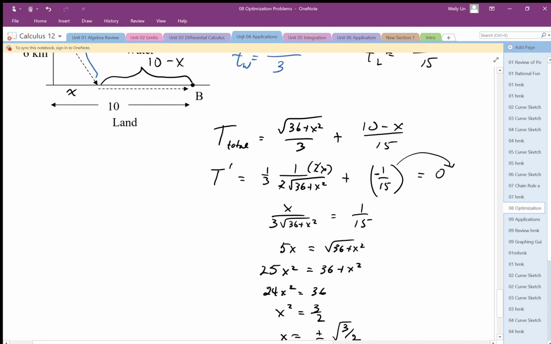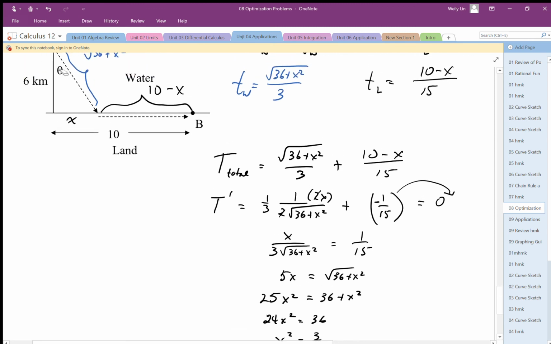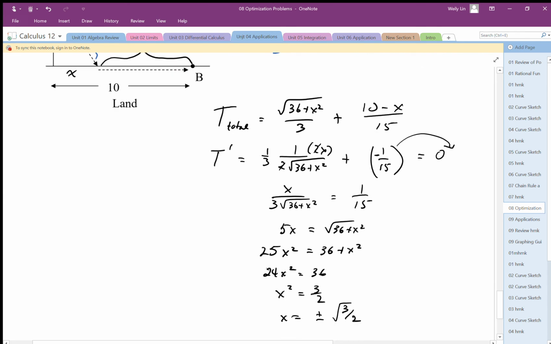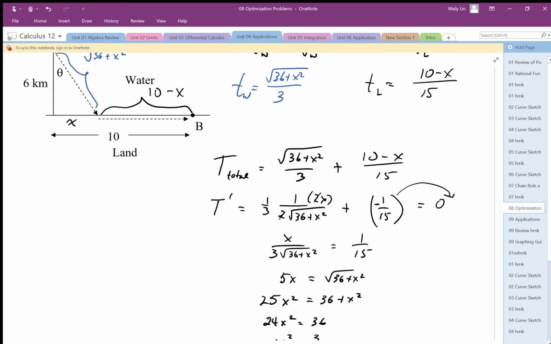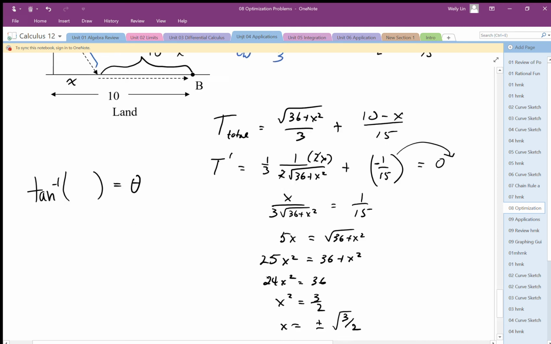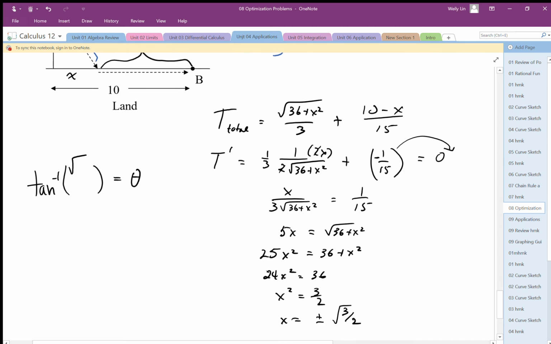Okay, so then if x is the square root of 3 over 2, I still need to solve for theta. Theta is going to be the arctan of the opposite, root 3 over 2, over 6.